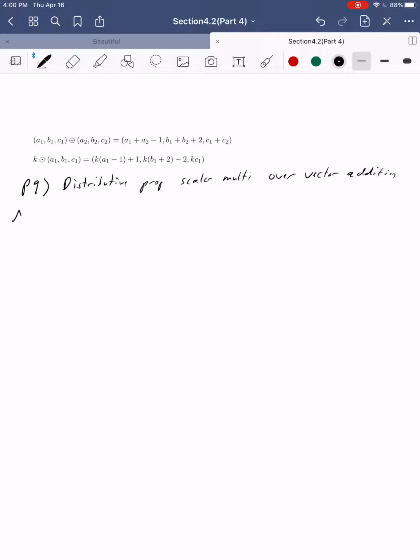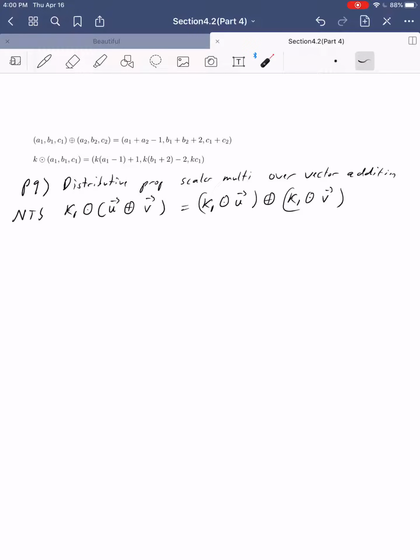So what do we need to show here? We need to show that if we take a K1 and have it distribute over U plus V, then that is going to be the same as doing K1 scalar multiplied with U, vector addition K1 multiplied with V. In other words, that we can distribute this guy onto these two pieces.